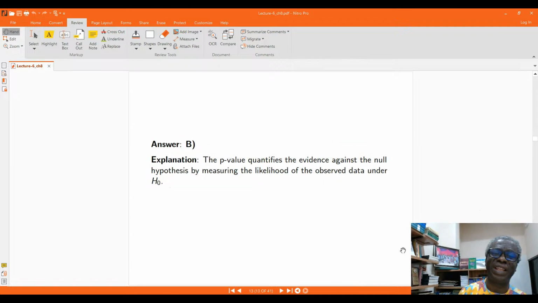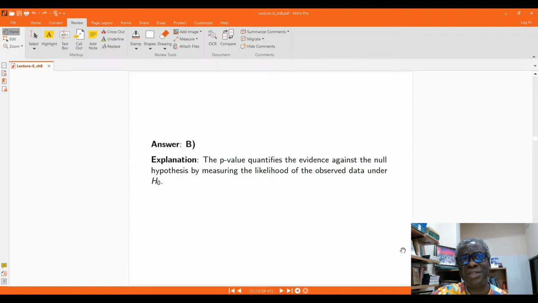B. So the p-value quantifies the evidence against the null hypothesis by measuring the likelihood of the observed data under the null hypothesis. So it measures the weight of the evidence in your data against the null hypothesis.